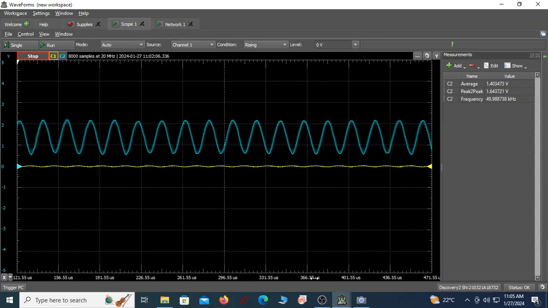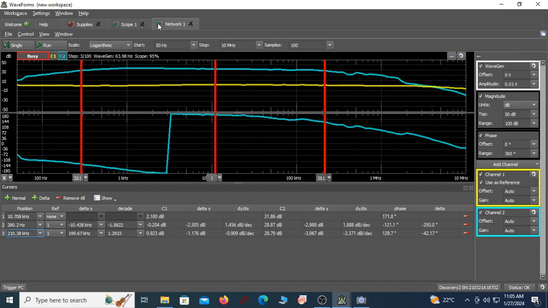Now this is one more set of readings, with the value of 3.3K. The average voltage is 1.4, and the output peak to peak is 1.64 volt. Let us find out the gain. Let me go to network and run again.